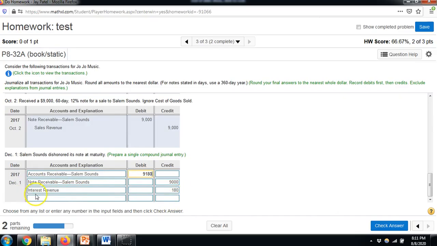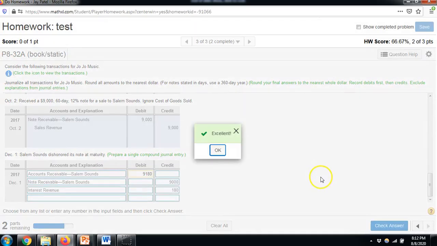So right now we are, yes, recognizing that we have interest revenue, but it won't last because this note has been dishonored, and so we're going to have to write this off. But in order to do that, we have to use our allowance for accounts receivable. So that's why we're moving all this stuff into accounts receivable first, and then we'll write it off in the next step. So let's see how we did.